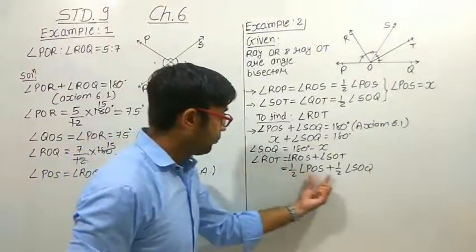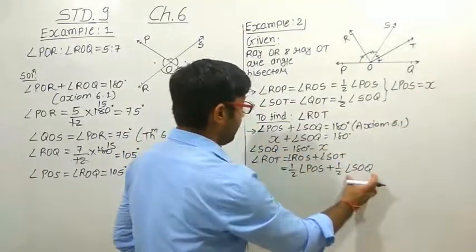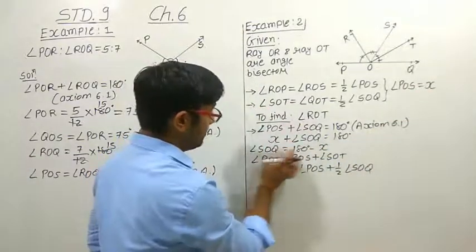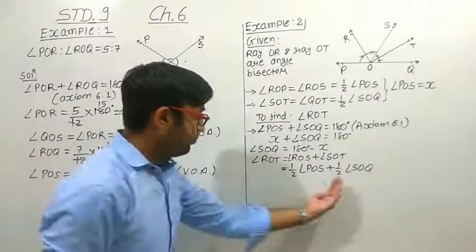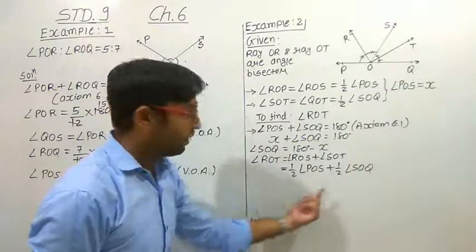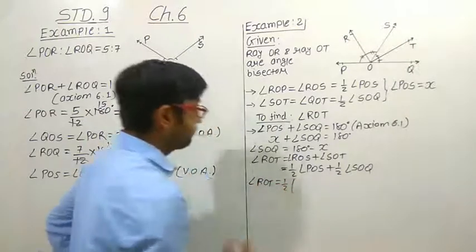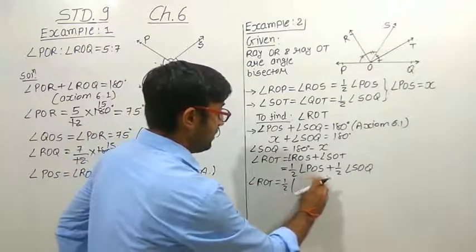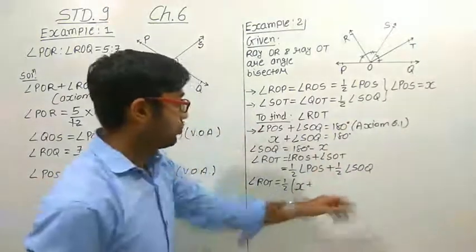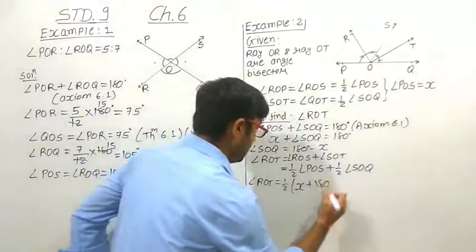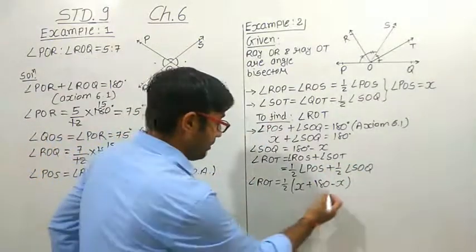Why do we write them in POS and SOQ form? Because we have the value of POS, that is X, and the value of SOQ, that is 180 minus X. Before we put in the values, we can see that 1/2 is common. Taking 1/2 common, we get ROT equals 1/2 of X plus 180 minus X.